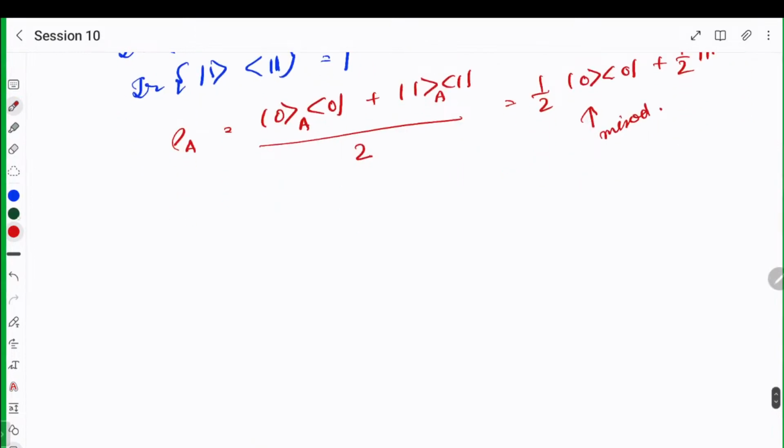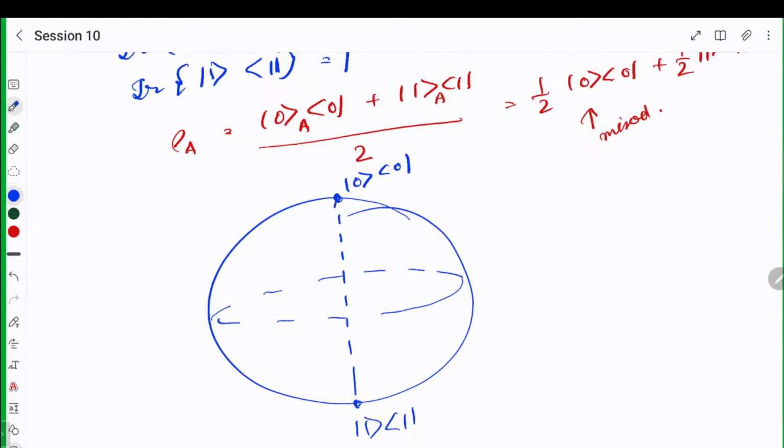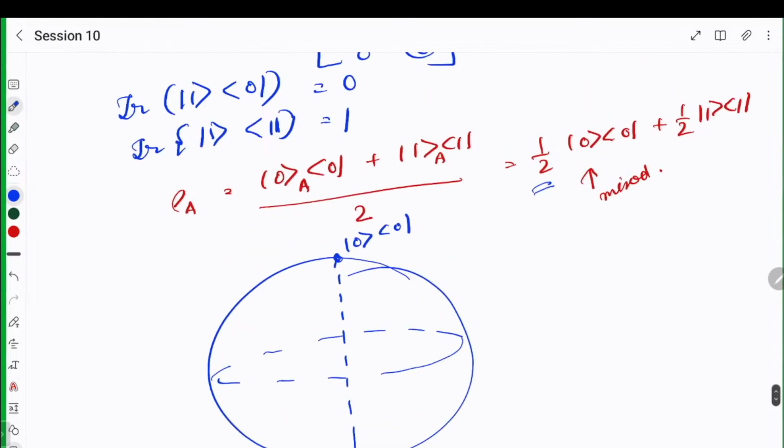And in fact, if we locate it on the Bloch sphere, you see, this is |0><0| and this is |1><1|, the North Pole and South Pole. And this rho would divide it in the ratio half is to half, or 1 is to 1. That is, this is nothing but the center of the Bloch sphere, or this is I by 2.